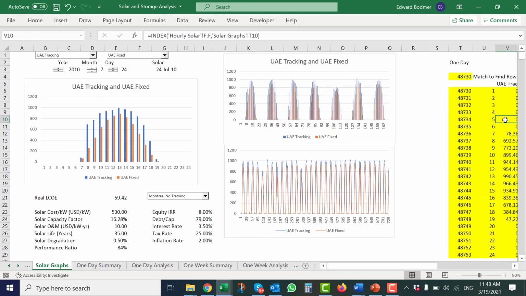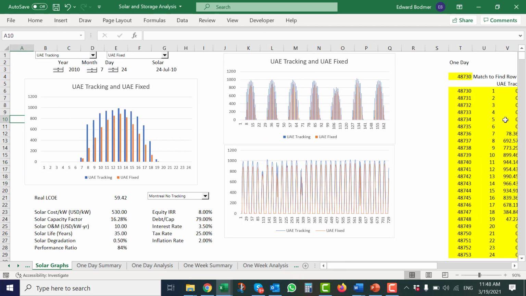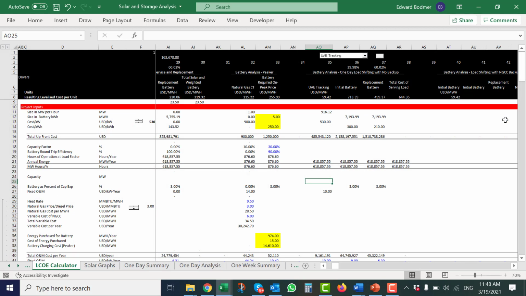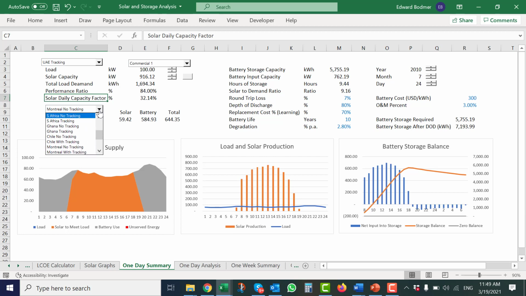And then you just make a graph of this thing, and blah blah blah. And then I had one little drop down for the tracking and one for the other. Okay, so that's the summary of it, and I'm going backwards, and so then I put UAE tracking, and we put the cost of UAE tracking up here.